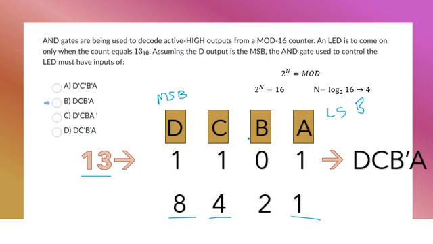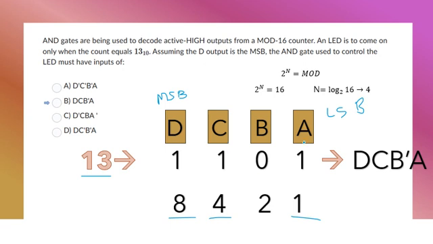And when you look at our output, since the AND gate is decoding this output, we know what the output is going to be, because we want to display 13 decimal on your LED. And your AND gate is decoding this state. The state we have is high, high, low, and high.